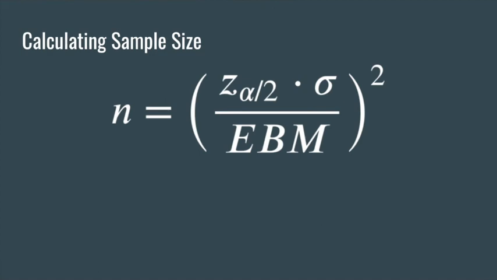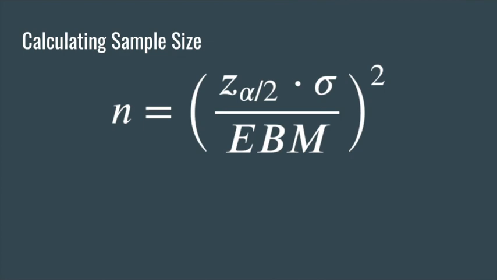Our confidence level, 95% let's say, will tell us what Z alpha is. And then again, we're still assuming that we know the population standard deviation, so we'd have to put sigma in there. So typically this sample size calculation is used when we want a particular confidence level and a particular margin of error.